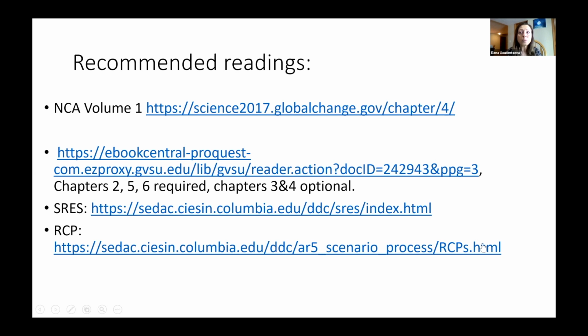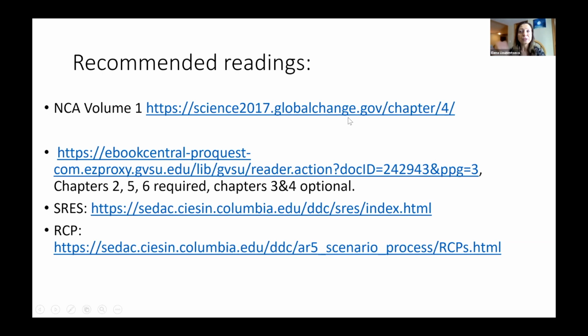NCA Volume 1 was produced by 9 different federal agencies in the United States, specifically looking at climate change in the US. And also what is nice, if you are looking at already available lesson plans using the NCA materials, Climate Generation, which is a part of our MiRCLE diagram, has the entire set of climate lesson plans specifically based on the NCA.